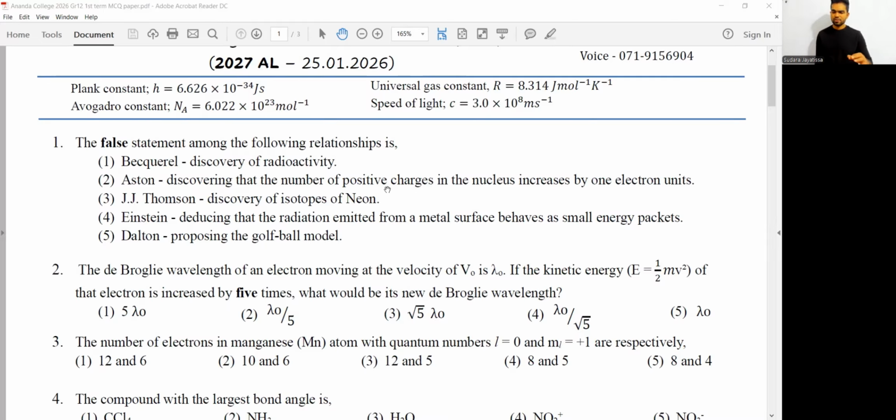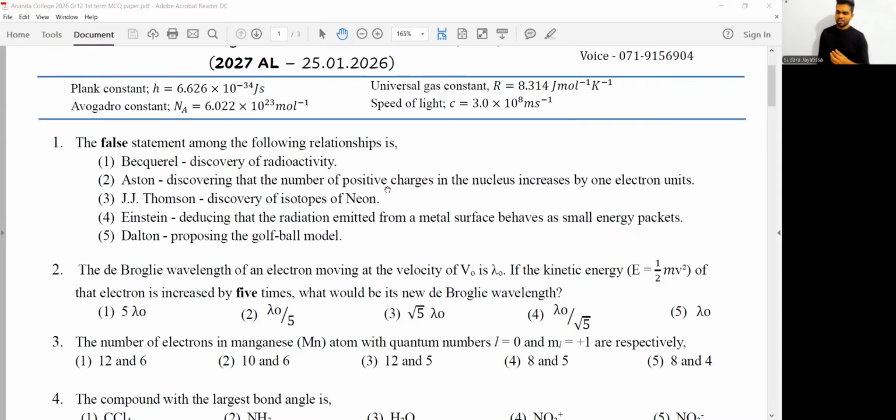So let's see who is the scientist associated with the one described in the second answer. Let's read it: discovering that the number of positive charges in the nucleus increases by 1 electron unit. So that is what we call the atomic number. The atomic number was introduced not by Aston.